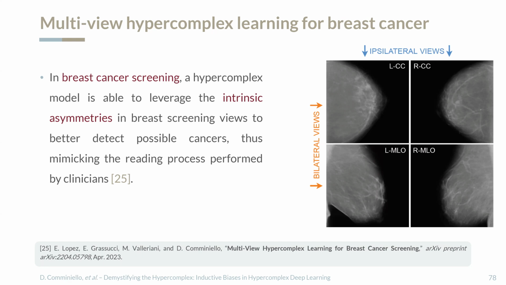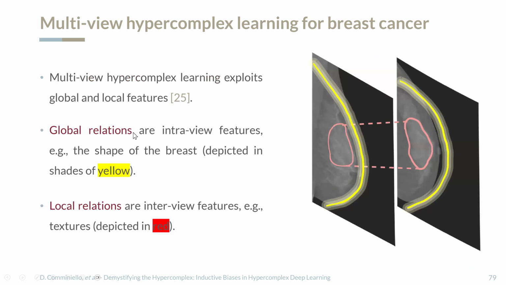A clinician is able to look at four images together and make a diagnosis, while traditional deep learning models process image by image, channel by channel, losing the intrinsic correlation between the images.